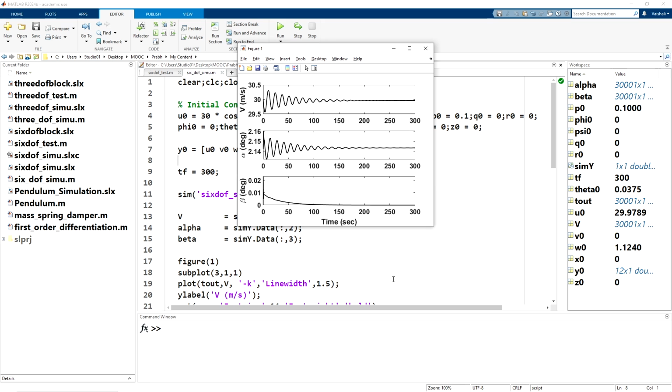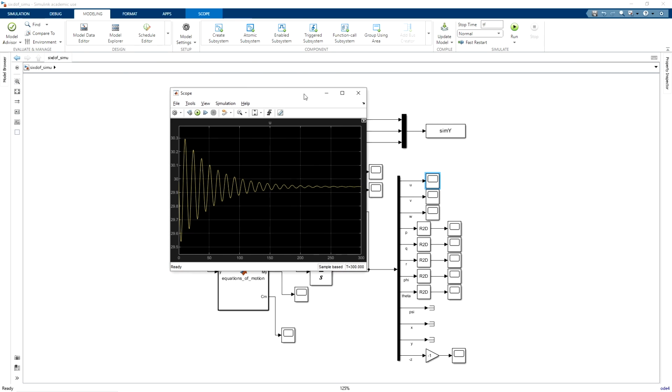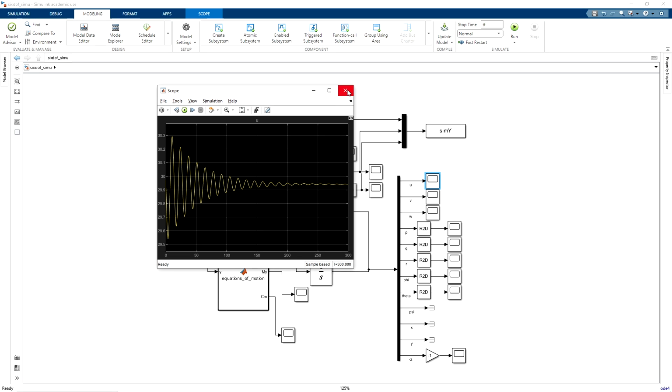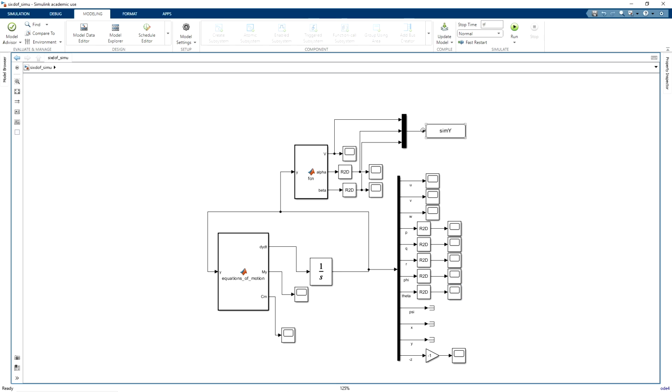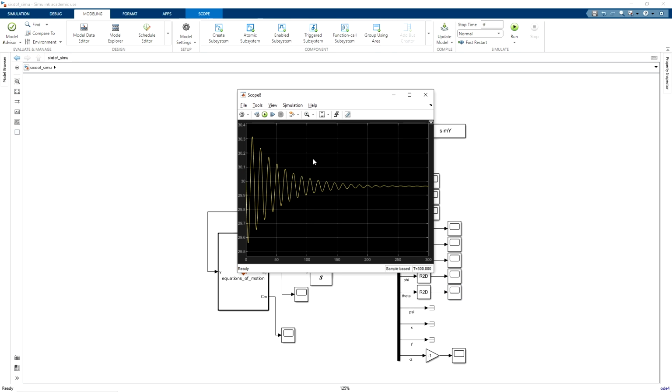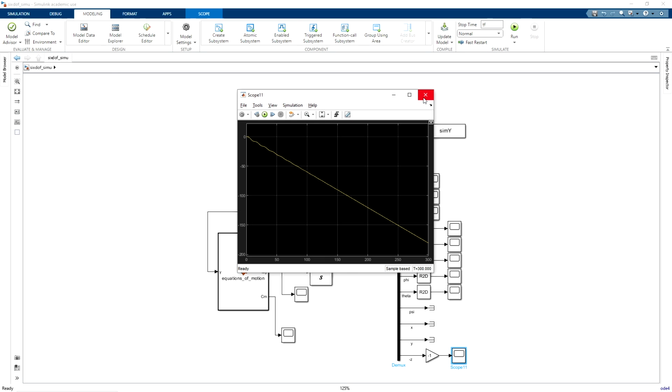Let me go to the MATLAB and Simulink and rerun the code and rerun this scope, and we get similar results. Theta is approximately 1 degree. Yes, it is. Similarly, velocity is approximately 30 meters per second, and the altitude is actually again decreasing.